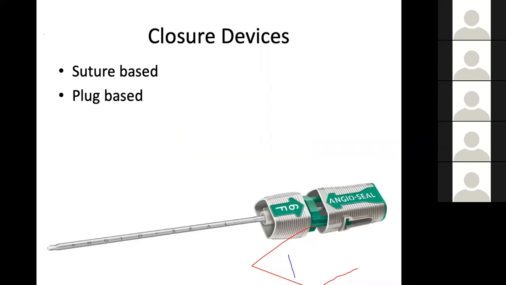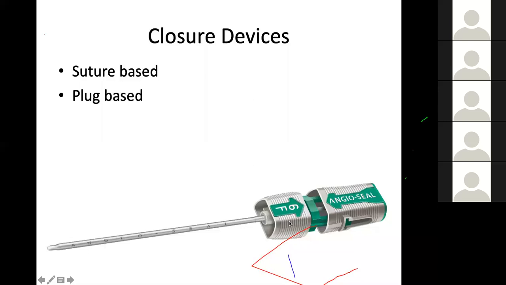Now, once we have accessed the artery, you may be shown what is known as a closure device. The closure device broadly are two types, a suture-based and a plug-based. What is seen over here is Angio-Seal, which is a plug-based.